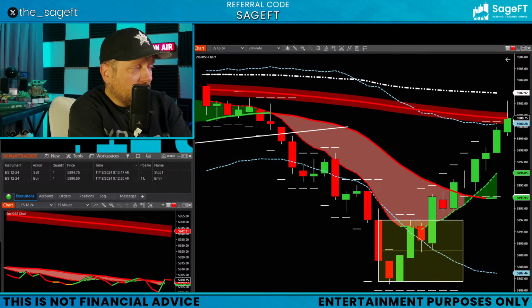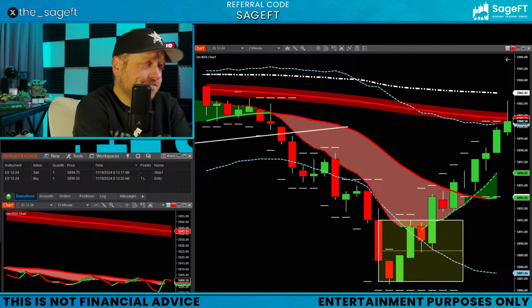That is a large red candle, green candle, removing red. Now, do they run it all the way back down to the middle of it?